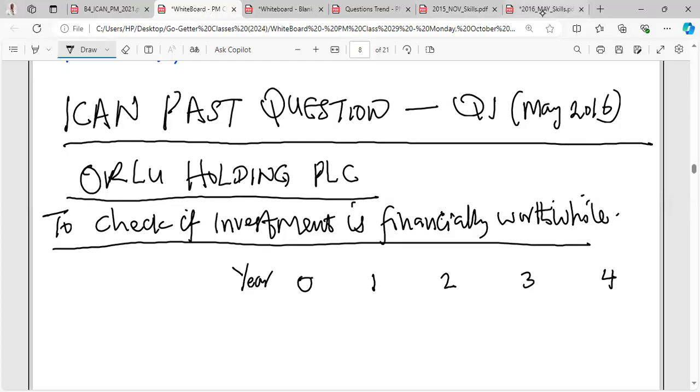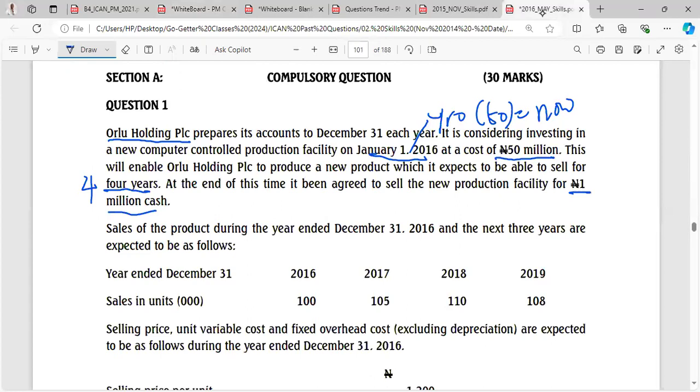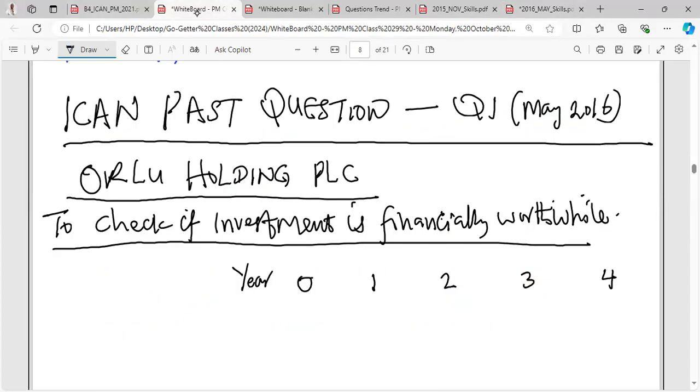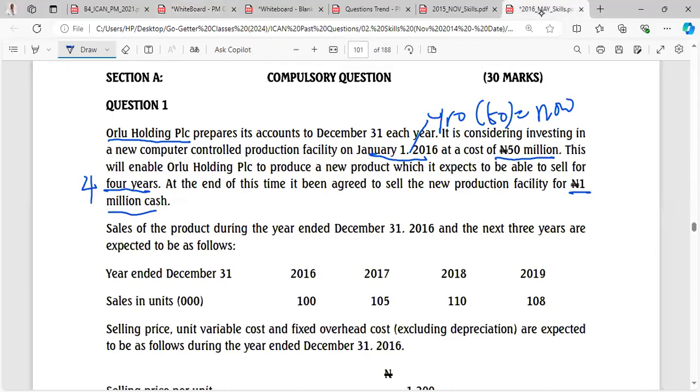So we'll start with investments. In year 0, the amount here is 50 million.